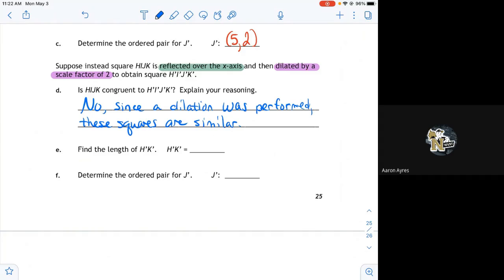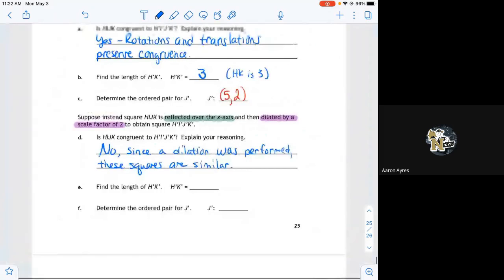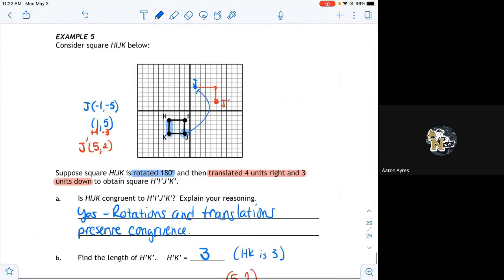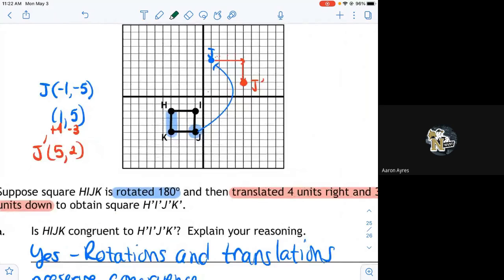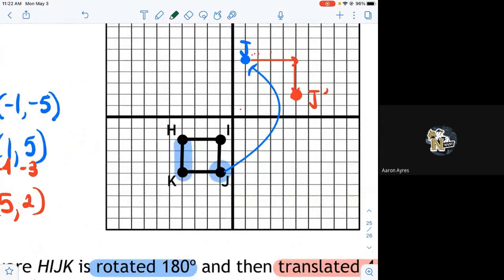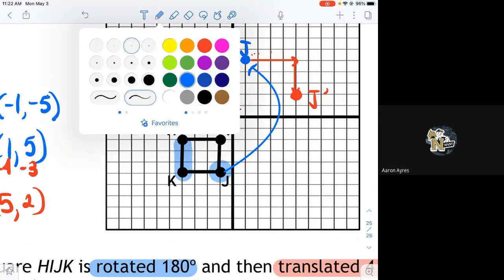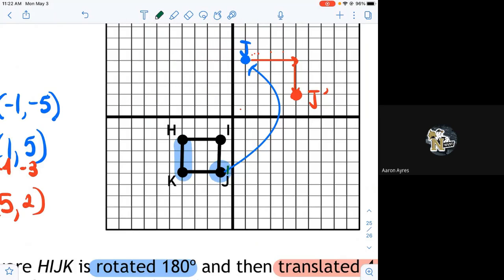Okay. Now, let's do this. I'm going to change my color here. I'm going to use green for my first one, and I'm going to just reflect it over the x-axis. I'm going to count it off. So 1, 2, 3, 4, 5, and then 1, 2, 3, 4, 5.